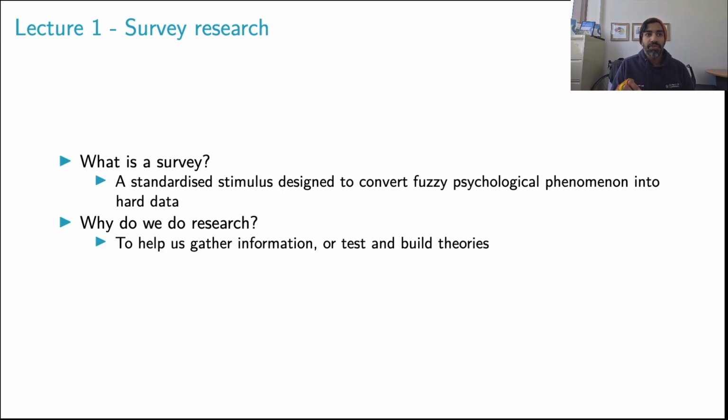So that was really the core of defining what is a survey and why it needs to be standardized, and how we're converting the idea of fuzzy psychological phenomena like, say, personality. What does that mean? We could actually use our understanding of survey research and design to measure it. And once it gets measured, it can be analyzed and it can be investigated further. And so we can convert that into hard data and then draw conclusions from that data. So why do we do research?